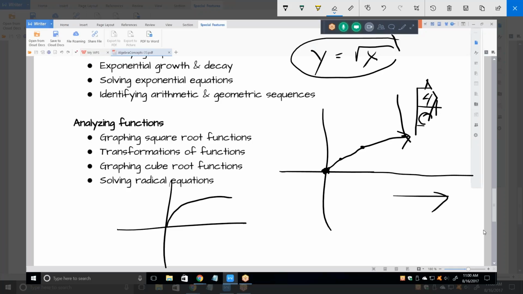And that's what it looks like. Okay, and there's really not very many other graphs that look like that. In other words, that's not a parabola, although in reality it's half of one, but I don't want to confuse you with that.